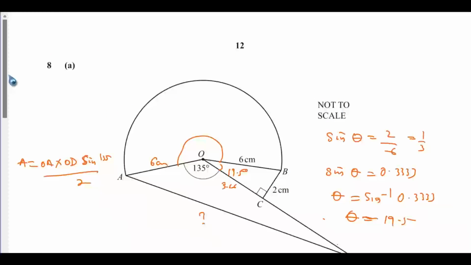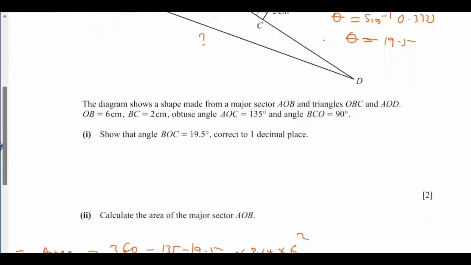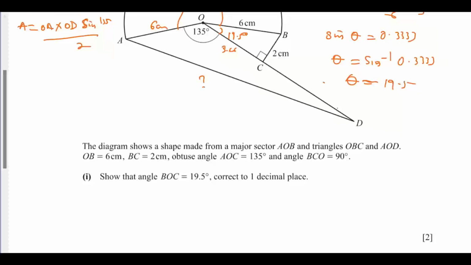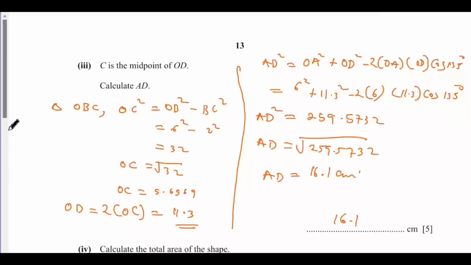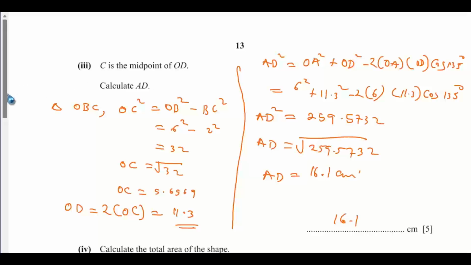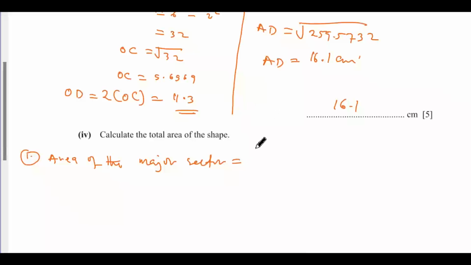So the area of the major sector is 64.5. Okay, good. So let's go back. I can put it here, 64.5 centimeters squared. Now let's calculate the area of triangle OBC.